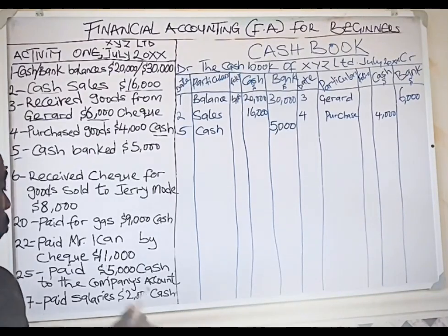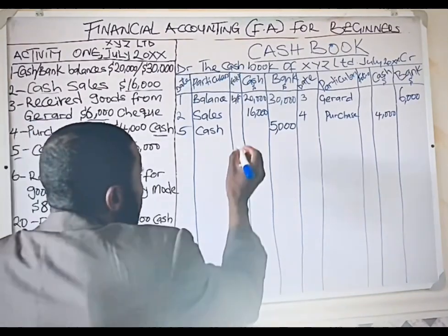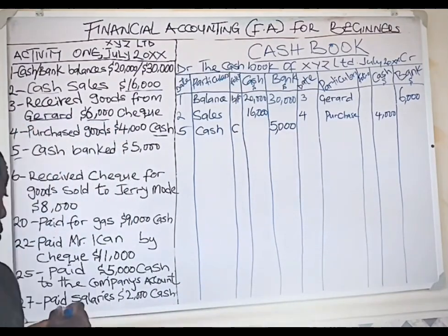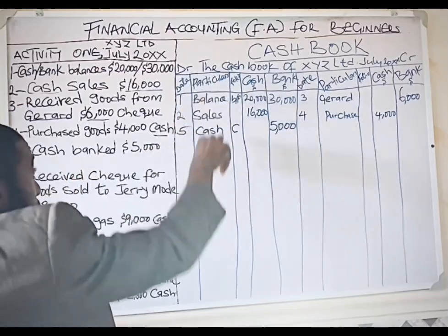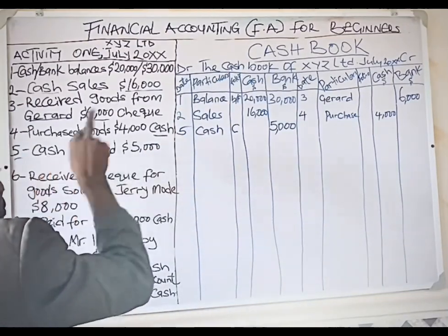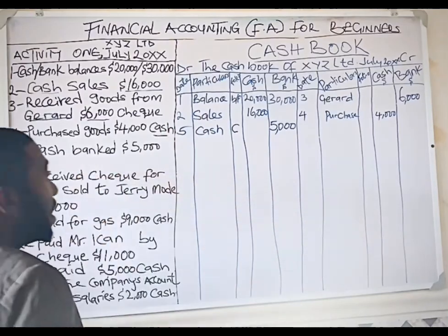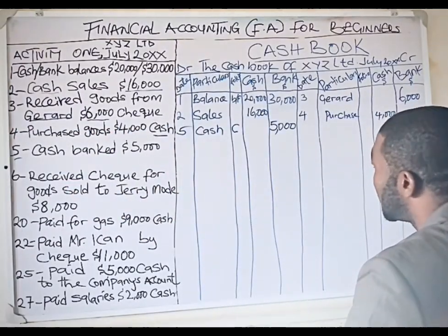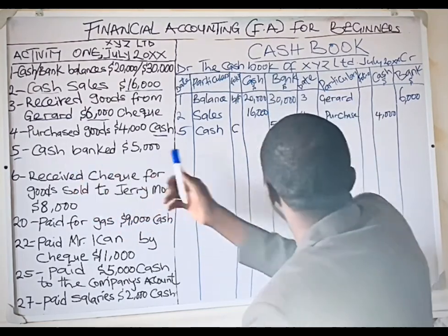So you put your sign of contra entry to know that this is a contra entry transaction at the folio column. Now, cash is going to bank, meaning cash is at the credit side. Cash is moving to the bank.